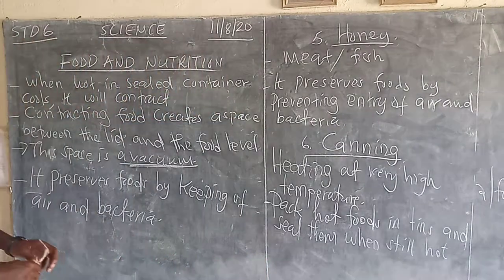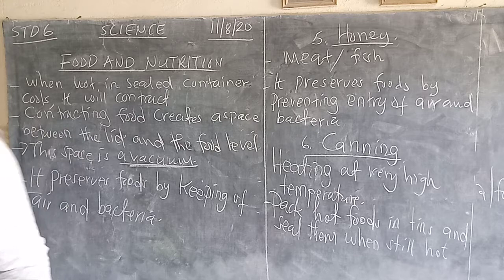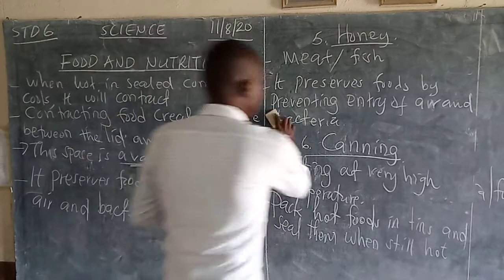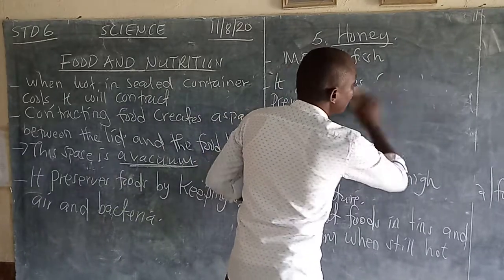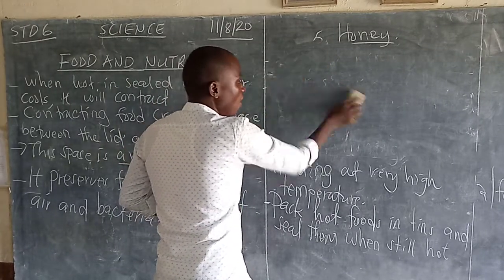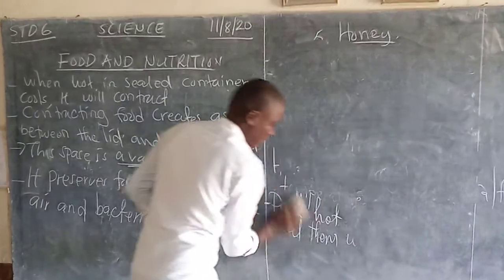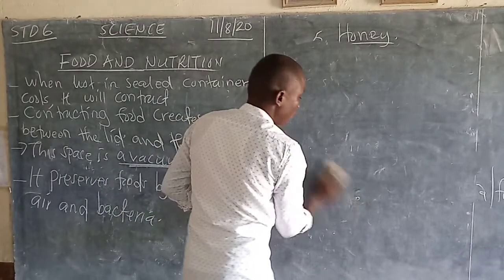So to assess what I've just taught here, I'll give you some questions, and please try to work them out and send them to Mr. William Bunde for marking. You don't send to me, send to your online science teacher class 6. I'm not your online science teacher. You send them to Mr. Bunde for assessment.